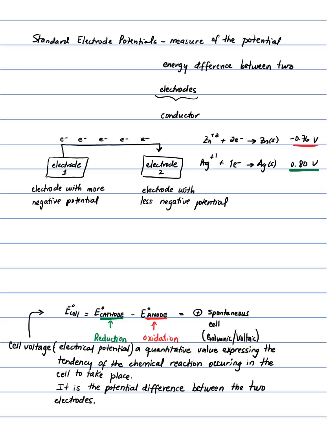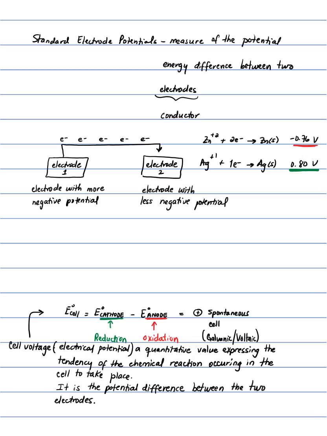If you check your two numbers for your reduction reactions, here you have negative 0.76 volts for zinc, 0.80 for silver, which means that out of those two, the one with the more negative potential is the zinc. That's the one that is going to be giving electrons away.